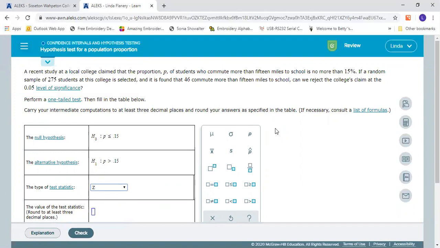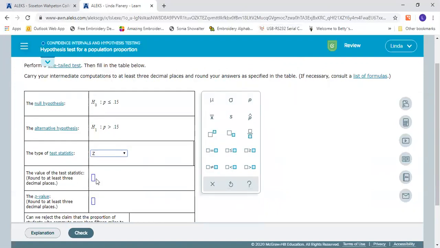So greater than P sub 0. I'm going to enter on the greater than, so it's highlighted, and go down to calculate. I find that my Z value is 0.802. My P value is 0.211.